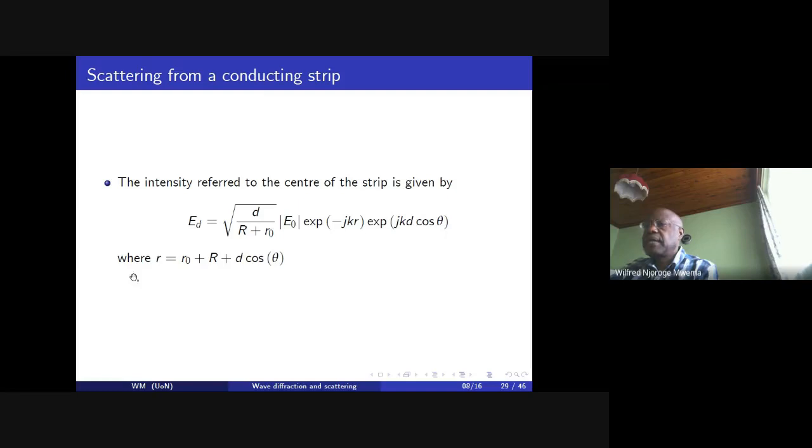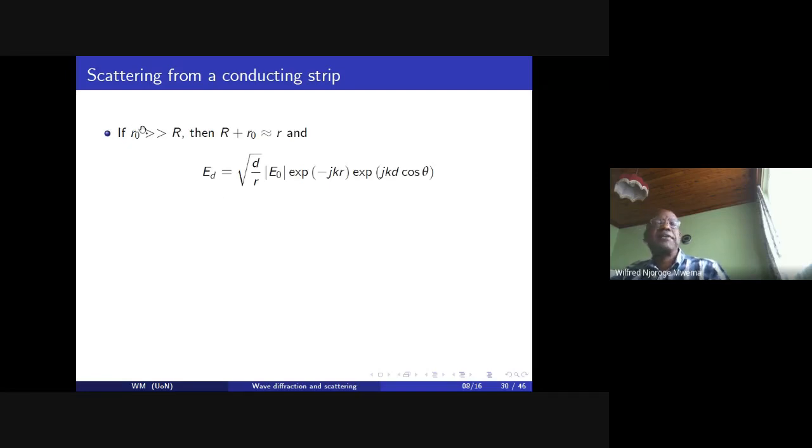So the R will be given as R naught plus big R plus the small distance d cosine theta, which is in relation to the center of the strip itself. So if R naught is much greater than the radius of curvature of the wavefront, then R plus R naught is approximately R, and we can therefore write that as simply that equation there.